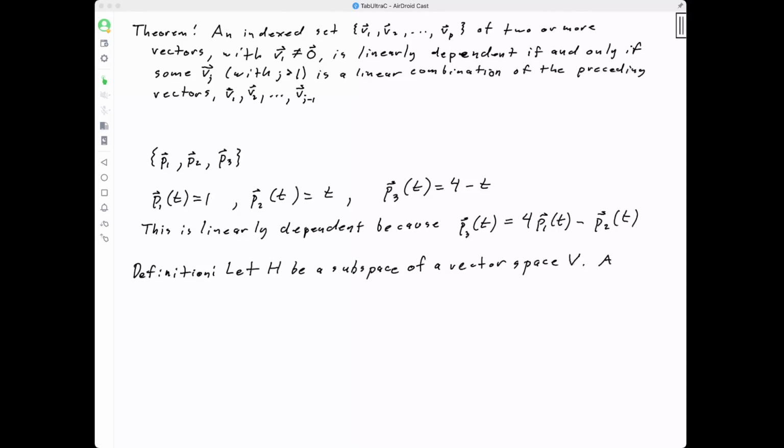A set of vectors, and I'm going to write this with a kind of a curly B, in V is a basis for H if two things happen. First, B is a linearly independent set.